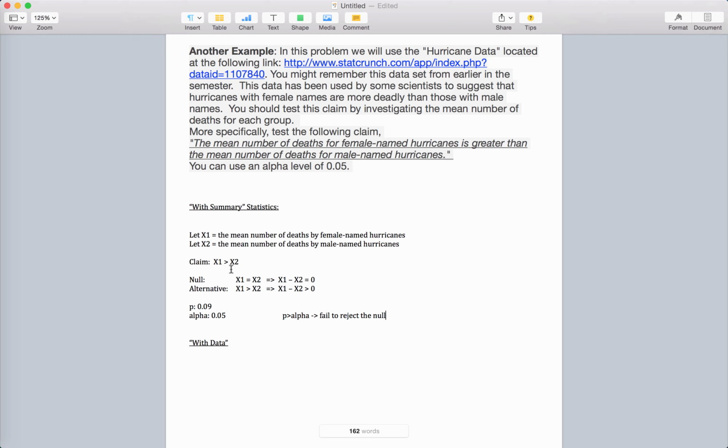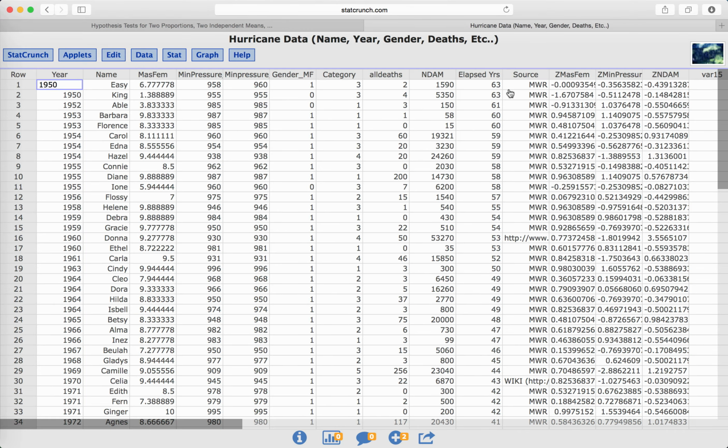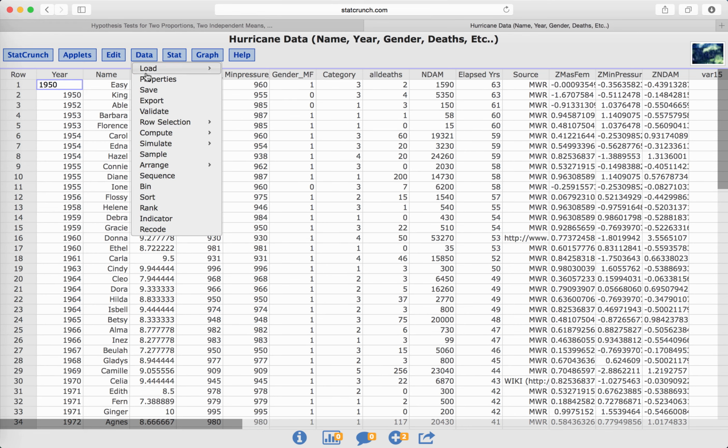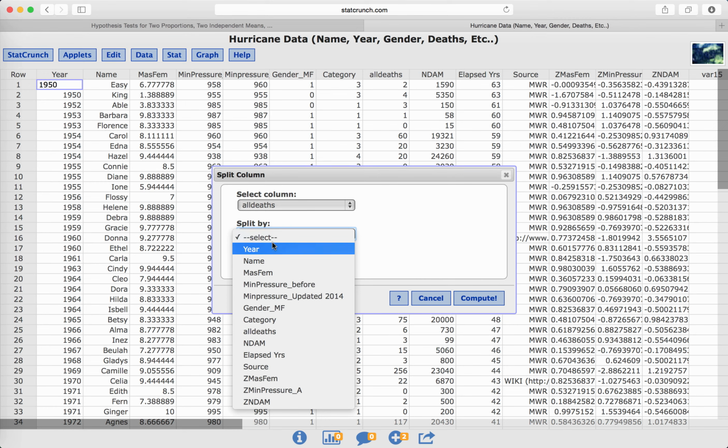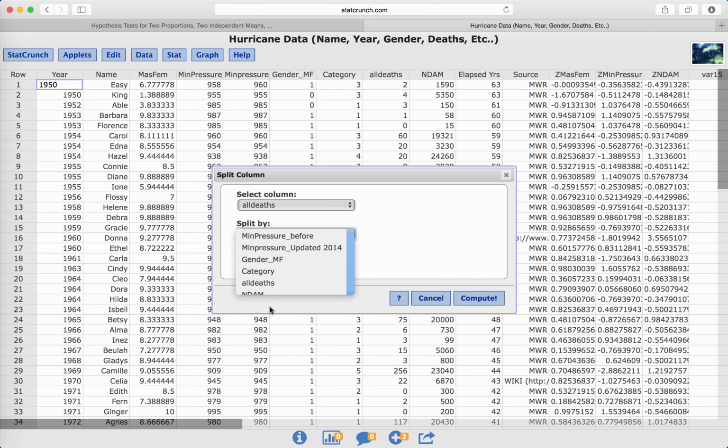The last thing I want to do is to show you how we can arrive at this conclusion without having to calculate summary statistics. With StatCrunch, we can actually split columns. So if I were to go into Data, Arrange, and Split, I can take that All Deaths column and split it by whether we have a female name or a male name.